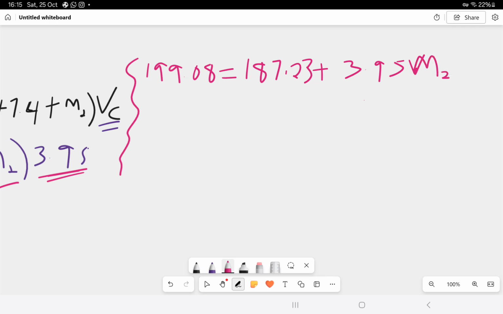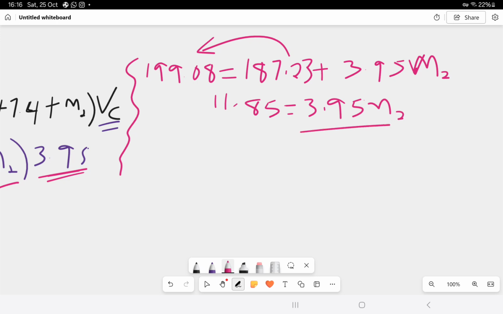What next? I bring this one here. With my calculator, 199.08 minus 187.23, I'll have 11.85 is equal to 3.95 M2.